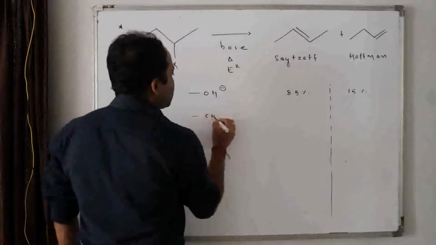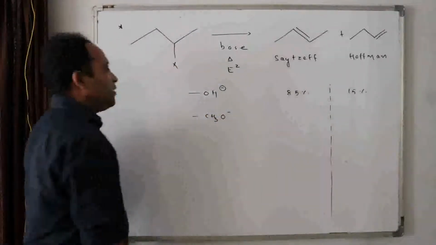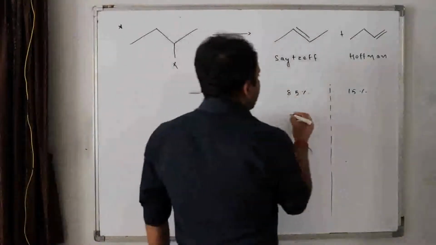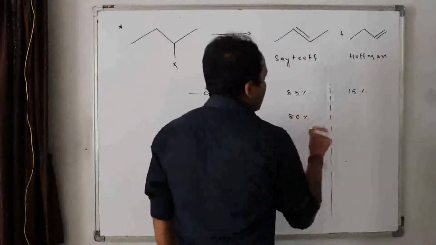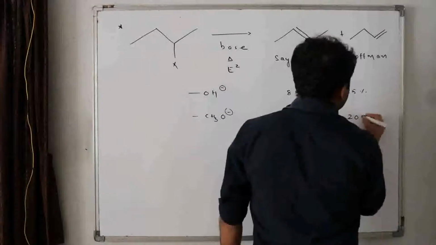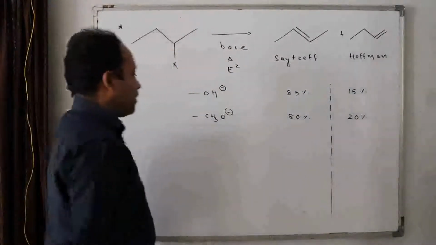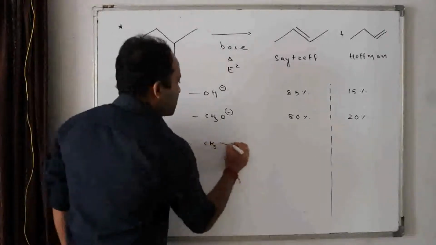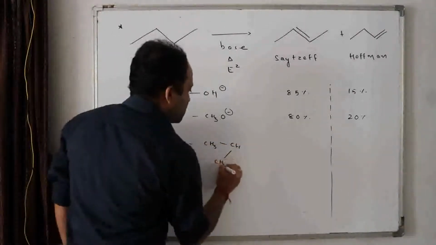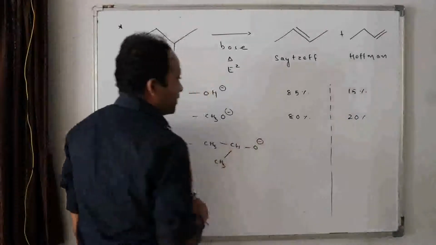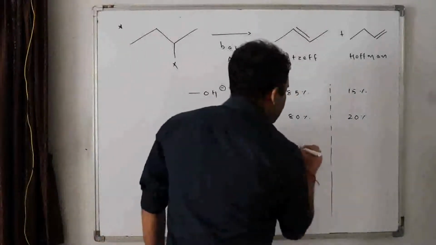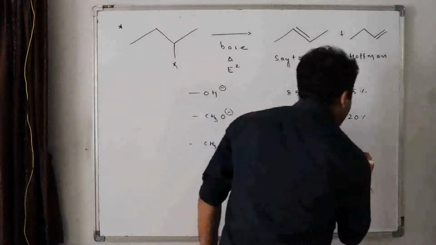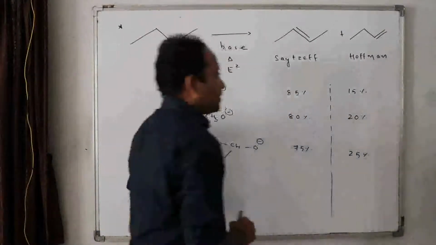If the base becomes bulkier, CH3O minus, now the Zaitsev's product is 80%, while Hofmann product is 20%. Now, if the base is CH3CH2O minus, if this is 75%, then this will be 25%.